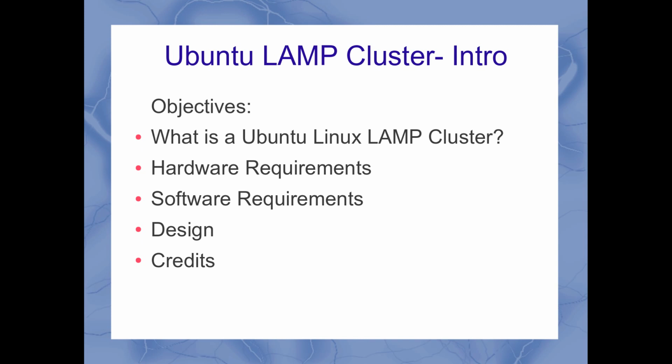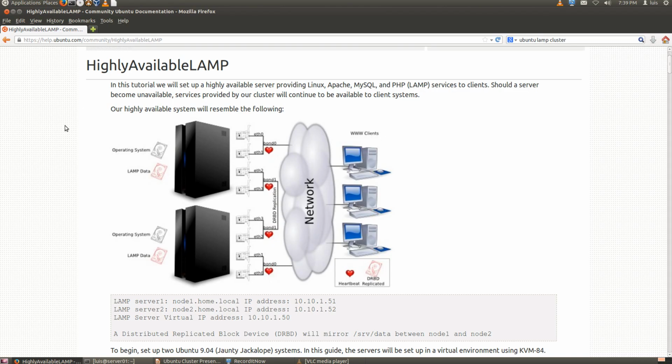So I'm going to switch here to a website that will help me explain this a little bit better and somewhat visually rather than just talking to you. So I'm going to go here to help.ubuntu.com/community/highly available lamp.